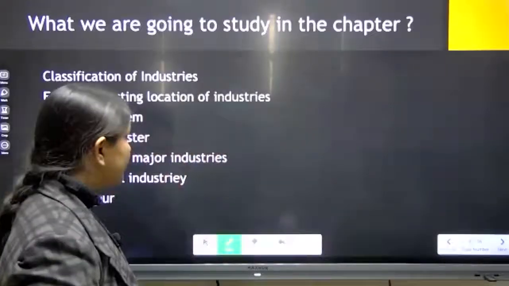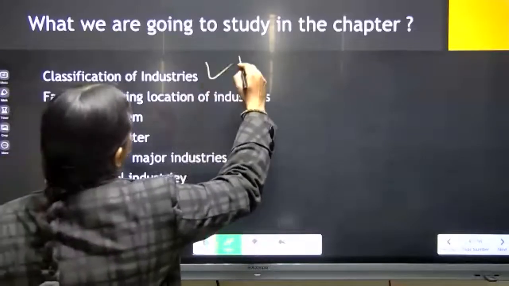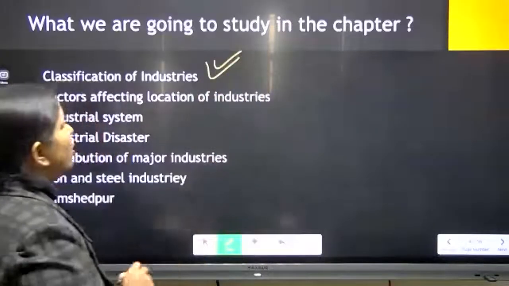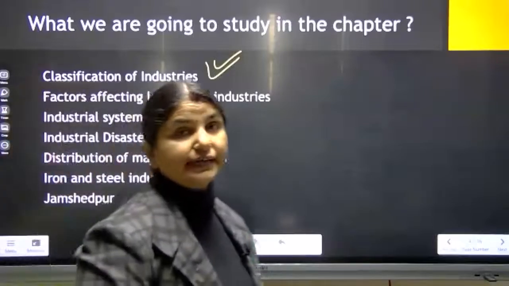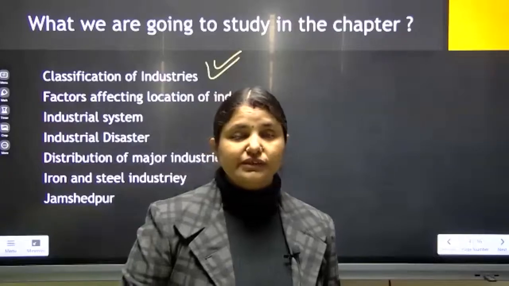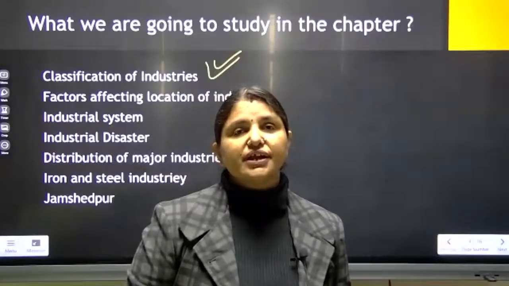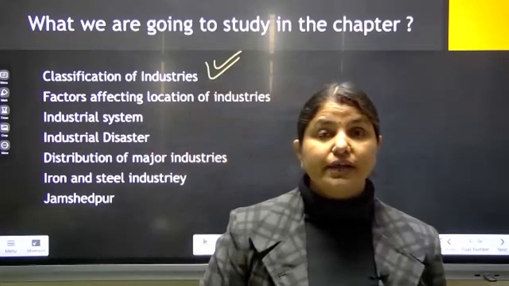And when you see the topics which we will discuss in the chapter, first of all, I will tell you, classification of the industries. And in classification of the industries, we will see the different types of industries which are located in our areas.